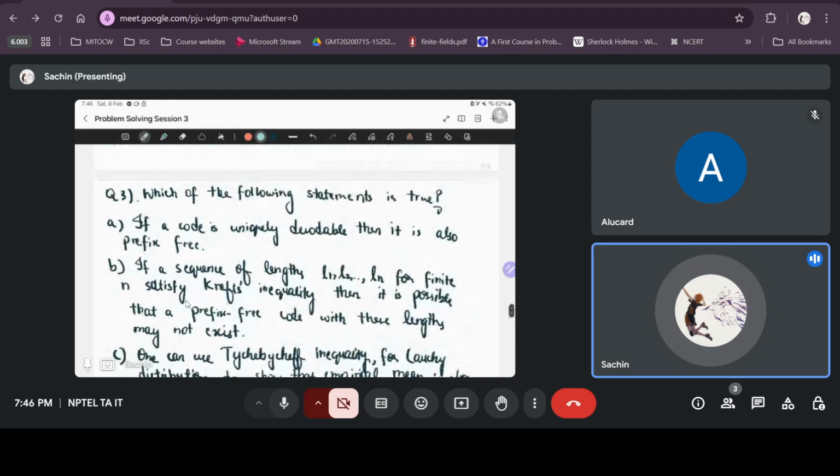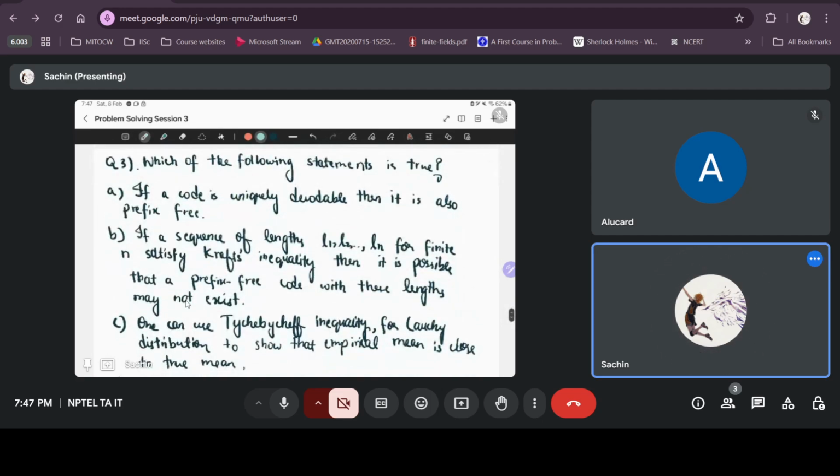Option A says if a code is uniquely decodable, then it is also a prefix-free code. A prefix-free code is uniquely decodable, but it doesn't necessarily mean that if a code is uniquely decodable, it has to be a prefix-free code. Then the second statement says if some lengths satisfy Kraft's inequality, then we might not get a prefix-free code, which is also false because last week we showed the construction for getting a prefix-free code as long as the lengths satisfy Kraft's inequality.